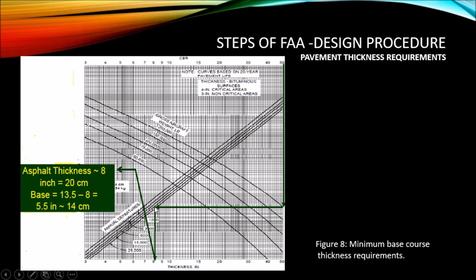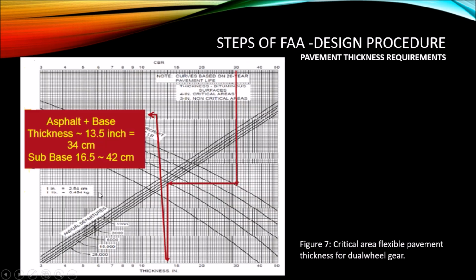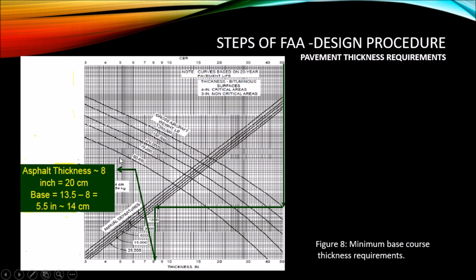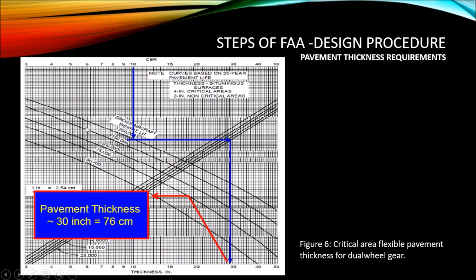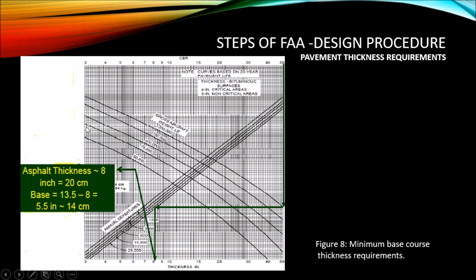We will now be able to read down to get 8 inches, which is 20 centimeter. If we subtract that 8 inches from the 13.5 we got earlier, we'll have 5.5 inches, because here we said asphalt plus base thickness. So when we remove the asphalt, the remaining base thickness will be 5.5 inches, which is 14 centimeter.